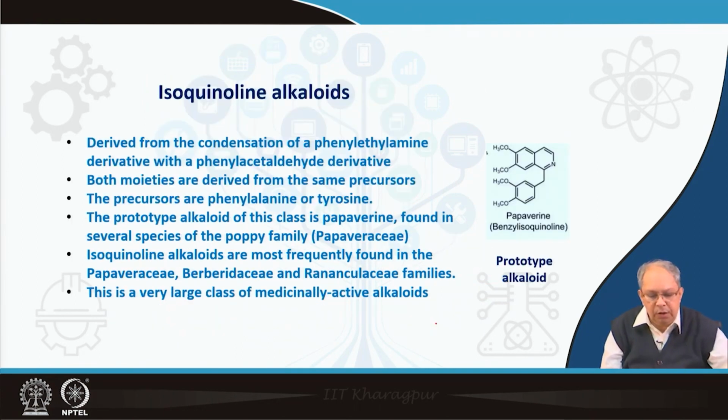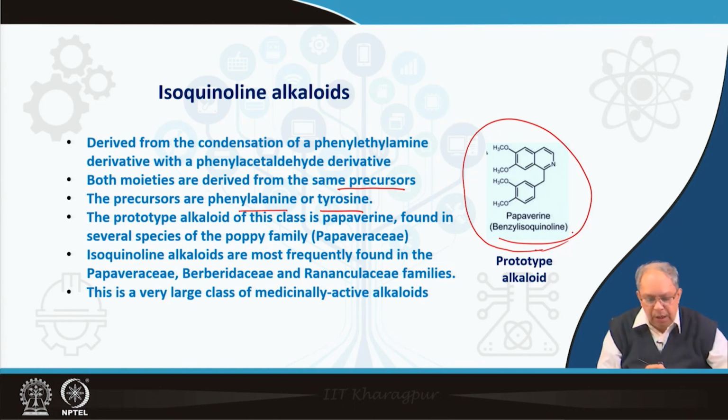Isoquinoline alkaloids derive from the condensation of phenylethylamine derivatives with phenylacetaldehyde derivatives. Both the motifs come from the same precursor, which is either phenylalanine or tyrosine, and the prototype alkaloid of this is papaverine, which is found in the Papaveraceae family, that is the poppy family.